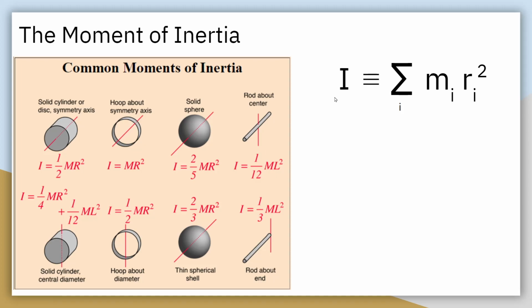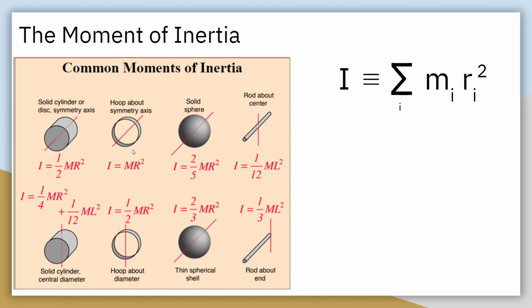For these 8 different shapes that we have here, the hoop that is rotating about its symmetry axis is the one that has all of its mass at a distance of 1 radius away from this axis of rotation. That is why for this moment of inertia, the coefficient is 1. That is the greatest coefficient that we're seeing in front of any of these mr squared or ml squared equations. That's because all of its mass is at its greatest distance.